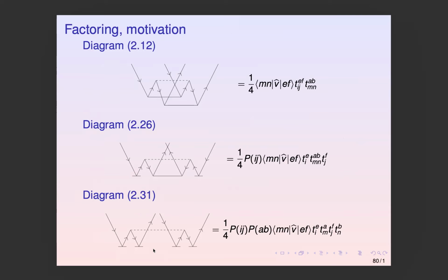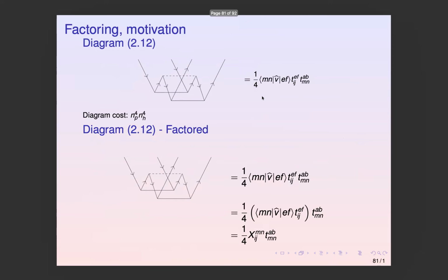So one of the things you can do is to factor specific terms. This is given in the Einstein summation notation, where you sum over all these indices. These diagrams, or contributions, you can pre-calculate. This is called factoring.